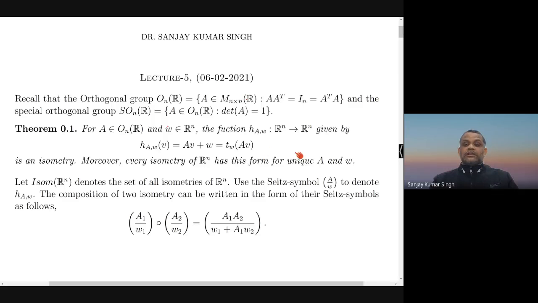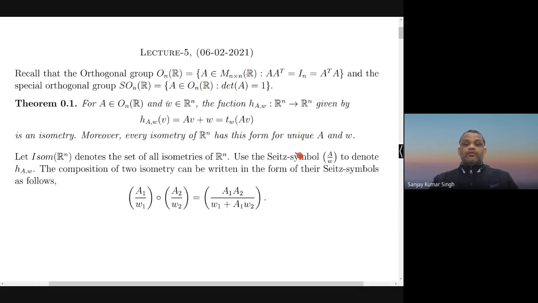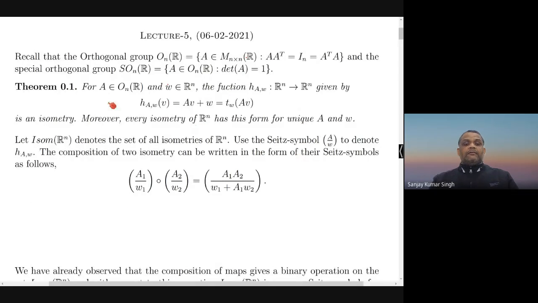Now recall the theorem which we proved in the last lecture, that for any orthogonal matrix A and any vector W in Rn, I can always talk about this function h_{A,W} from Rn to Rn. And what is this function?